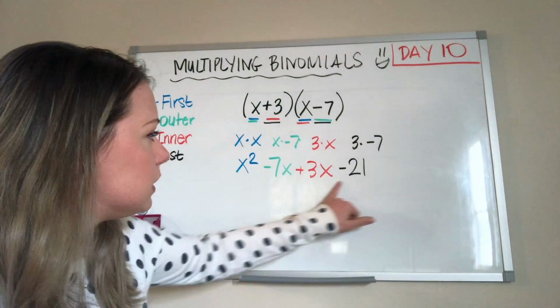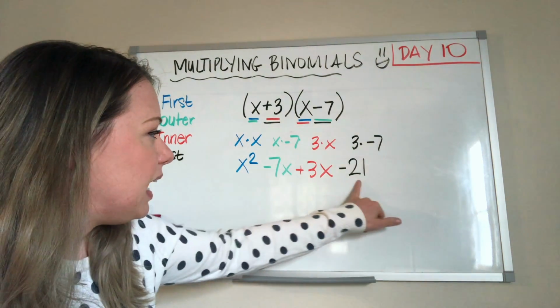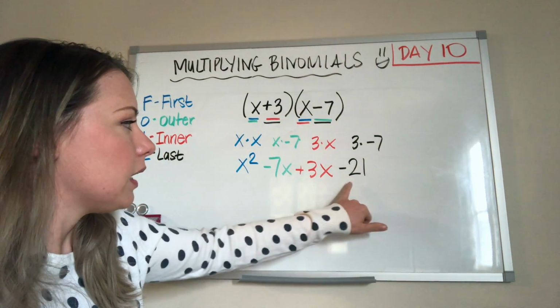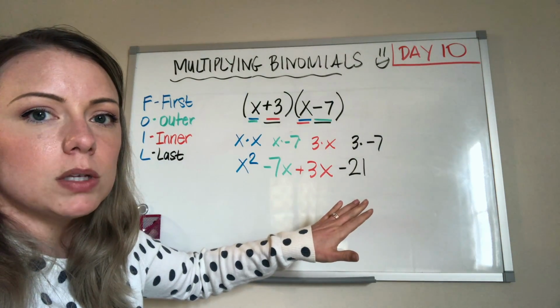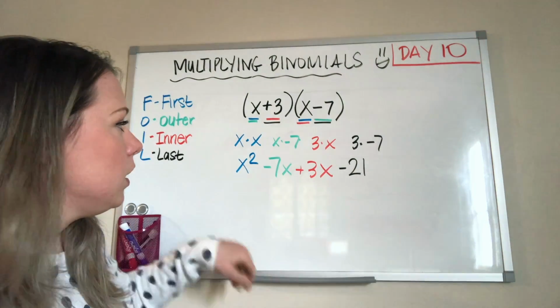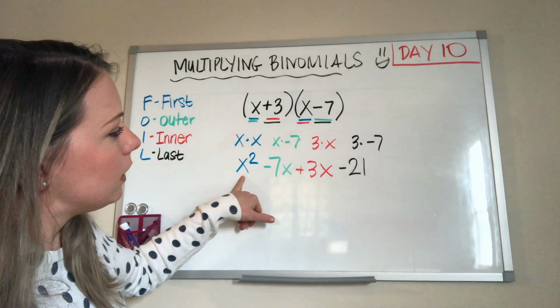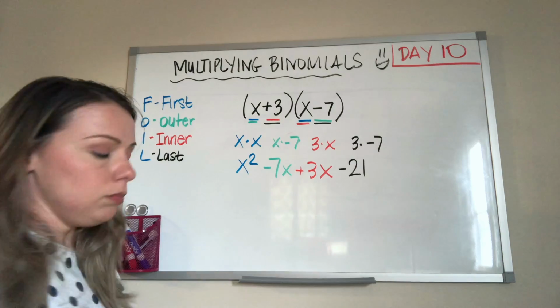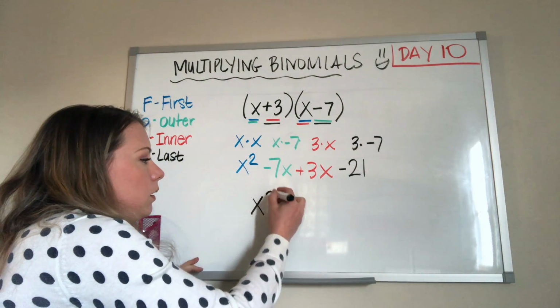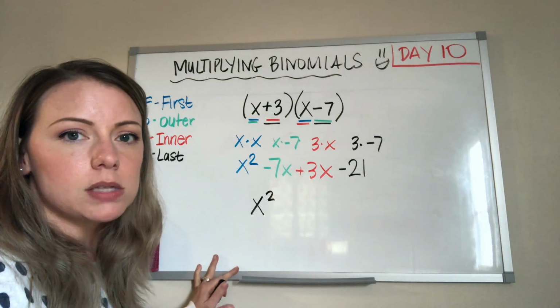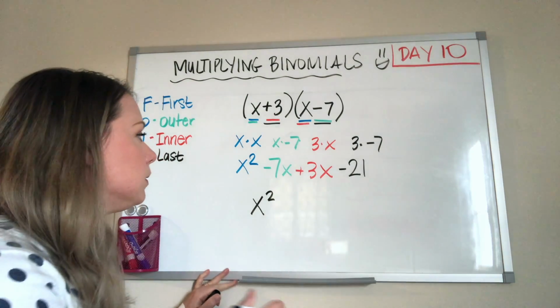Therefore, we're going to look to see anything that has the same letter and the same exponent, just like we talked about from the last section. So the only x squared I have is this blue x squared, so that's good, meaning there's nothing else that can combine with x squared.